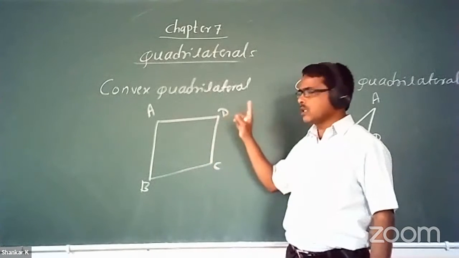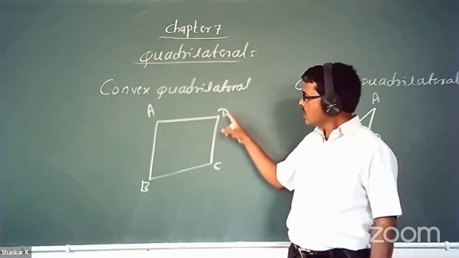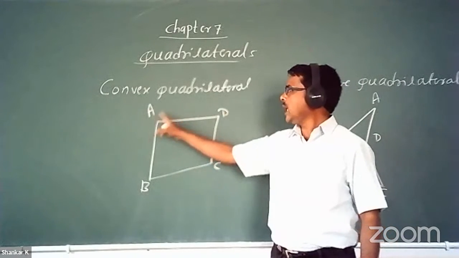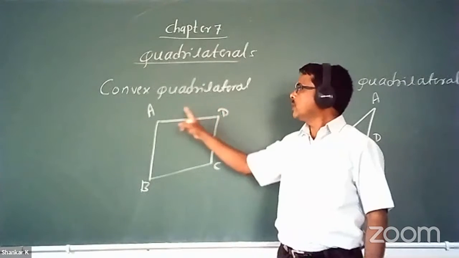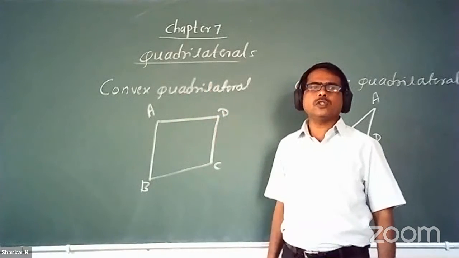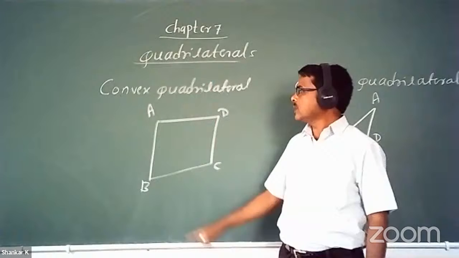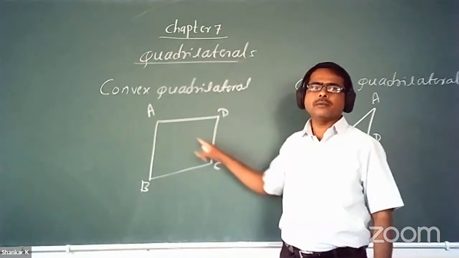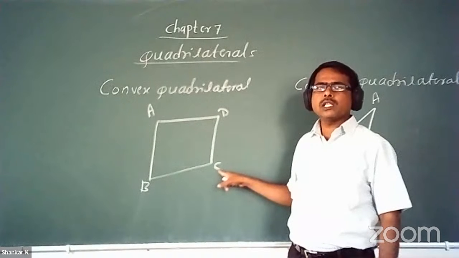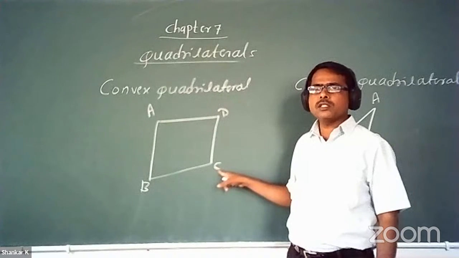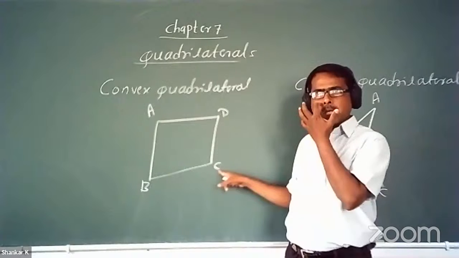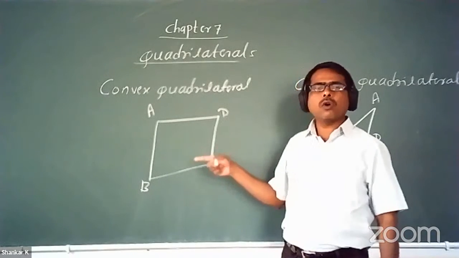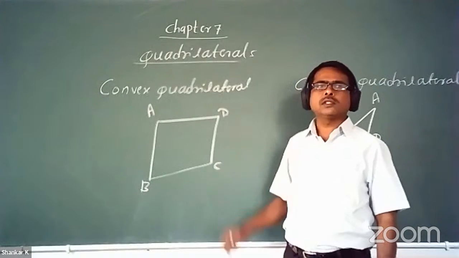C and D are consecutive because CD is common. Similarly, A and D are consecutive because line segment AD is common. Whereas if you take A and C, these are non-consecutive vertices. They have no common side.